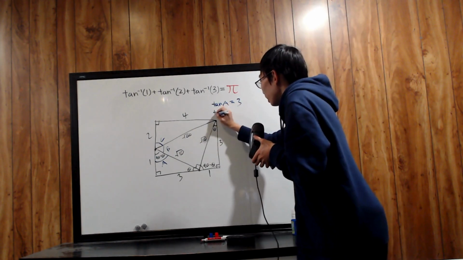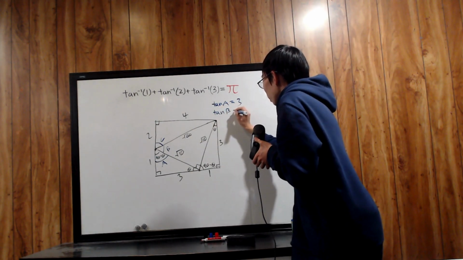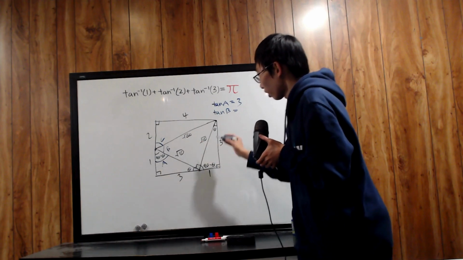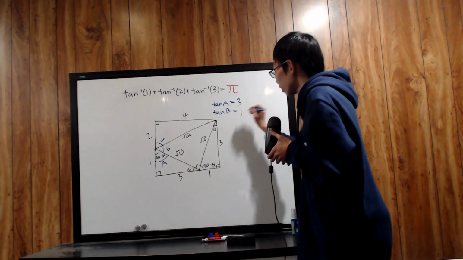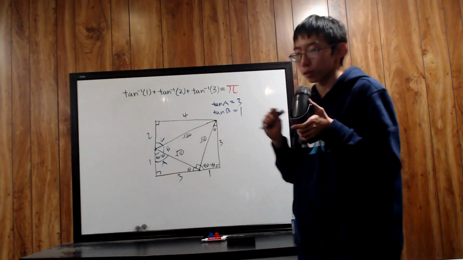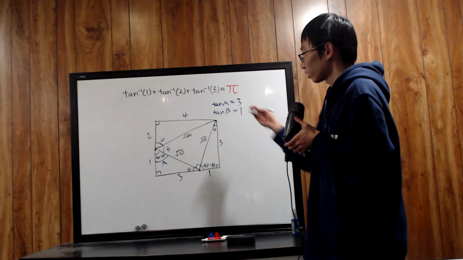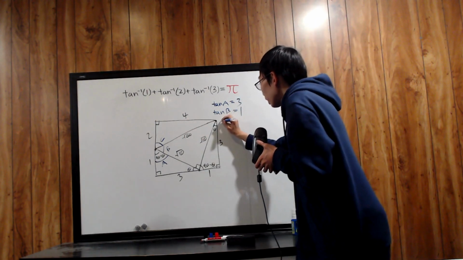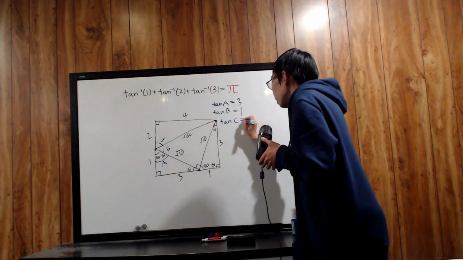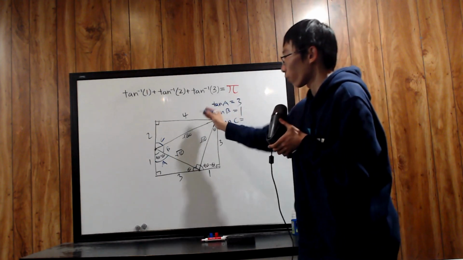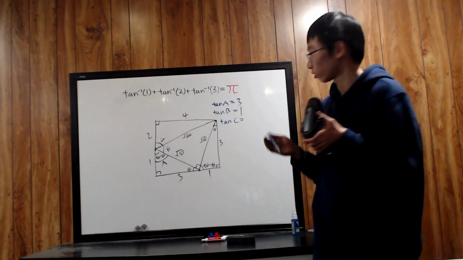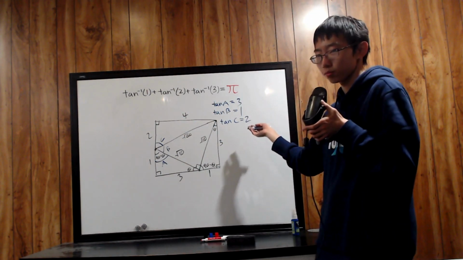Now, the tangent of B, this over here is, again, opposite over adjacent. That's just 1. I know that's 45 degrees, but still write it as this, okay? So we have tangent of A and tangent of B. Now, tangent of C is equal to 4 divided by 2. That's 2. So we have this, right?